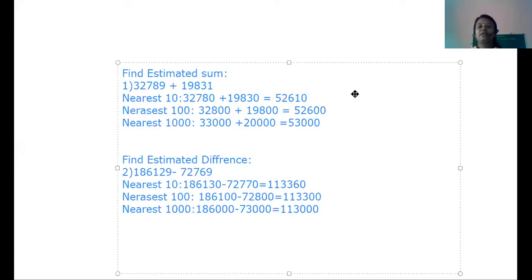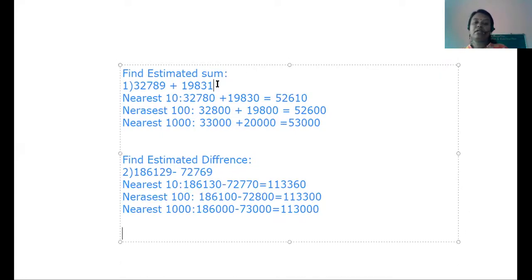Let's find the actual sum also in these examples. Here, as they have specified to find the estimated sum, what if we need to find the actual sum for these? Let us check how much the difference comes. 32,789 plus 19,831 results to 52,620.